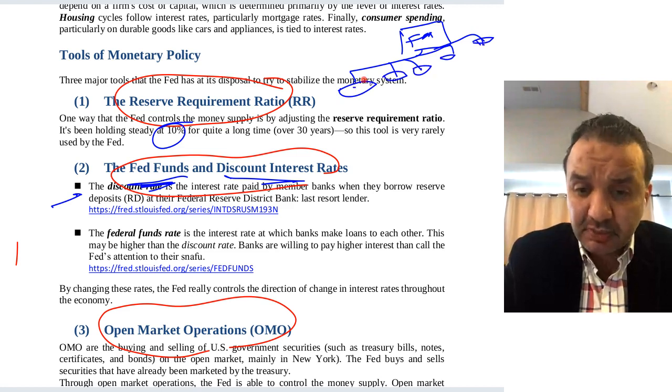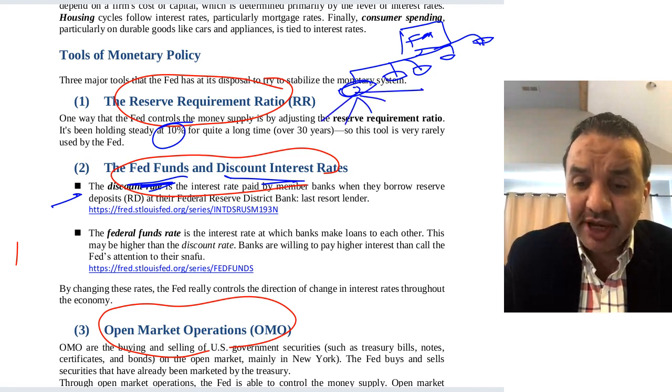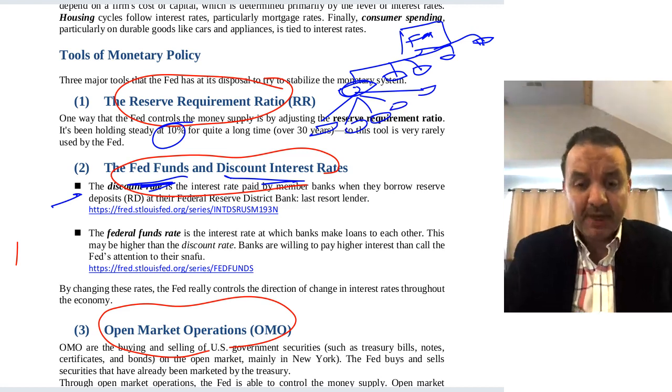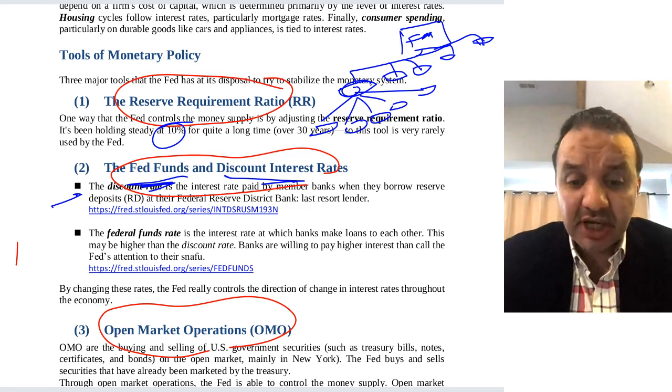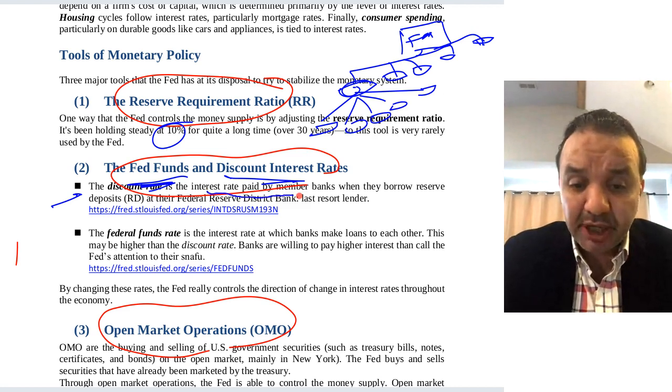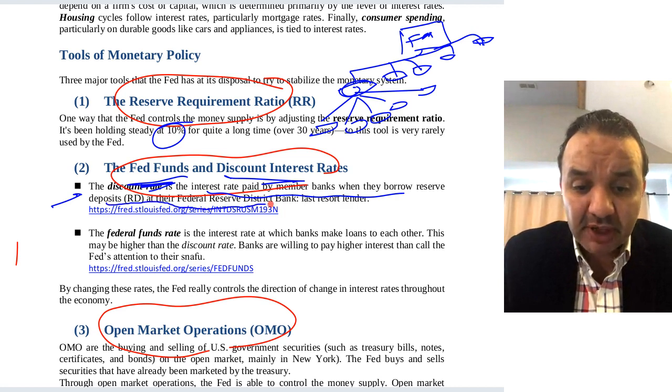Each of these federal banks manages a couple of commercial banks. So the first interest rate I want to explain is the discount rate. This is the interest rate paid by member banks whenever they borrow reserve deposits from the federal district bank.